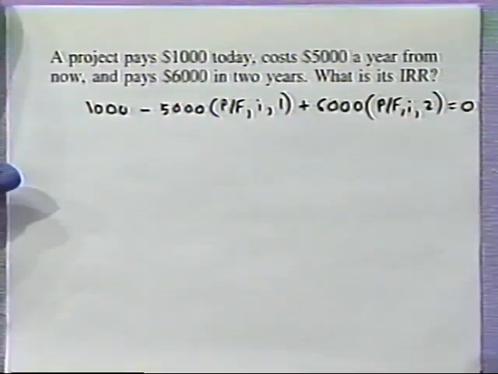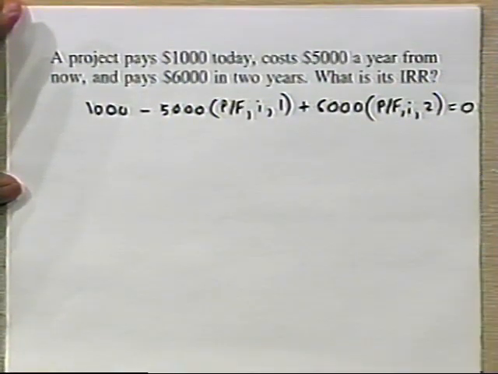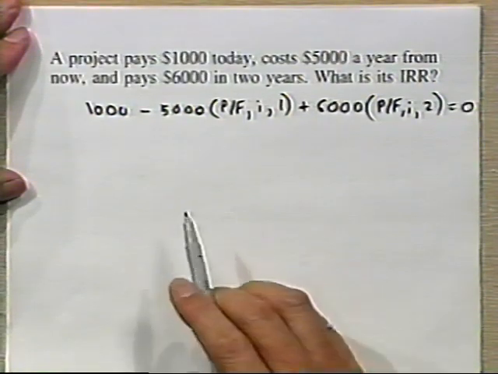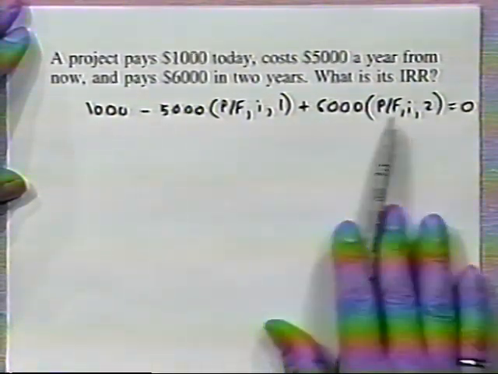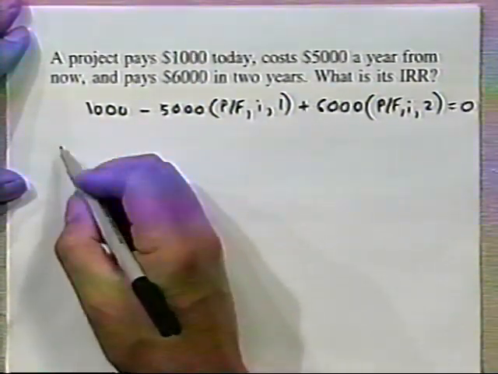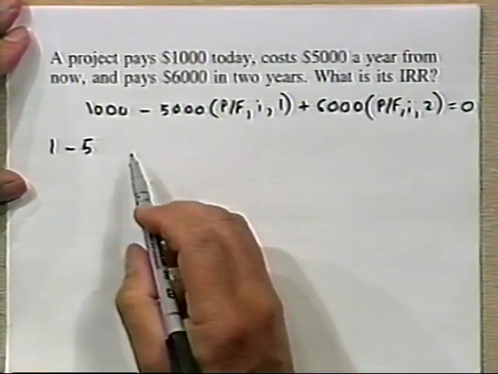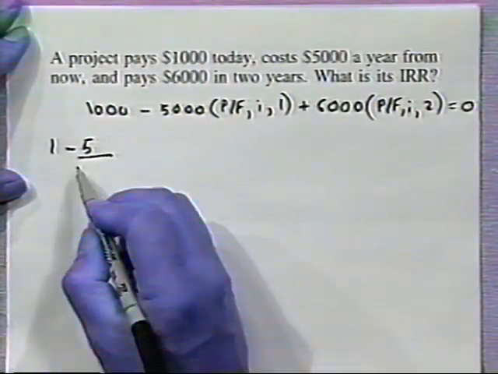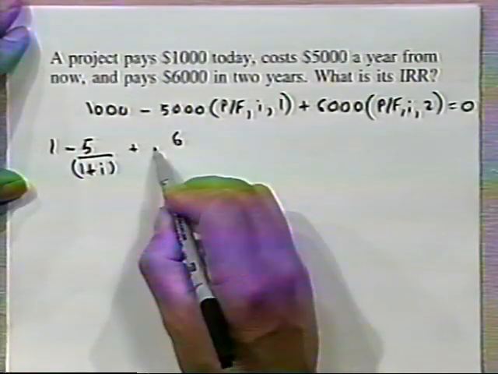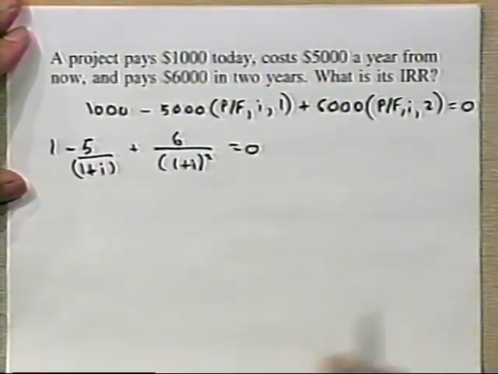Now, I can do this through trial and error, which I would normally do for a more complicated formula. But because we're looking at a 1 year and 2 year period here, we can do this through basic principles. I'm just going to divide by 1,000 and substitute in the formulas for these present worth calculations. And it'll give me 1 minus 5 divided by 1 plus I plus 6 divided by 1 plus I squared equals 0.